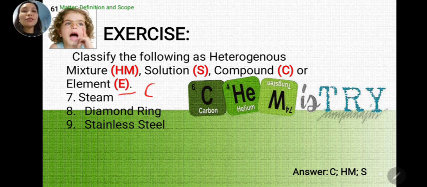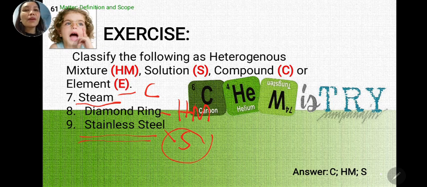Steam is a compound. Diamond ring is a heterogeneous mixture. And stainless steel is a solution. Ito kasi homogeneous siya eh. So, solution. This is a compound. Compound, yung steam natin. And diamond ring is a heterogeneous mixture.